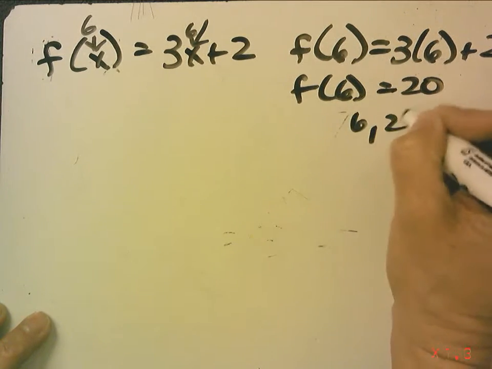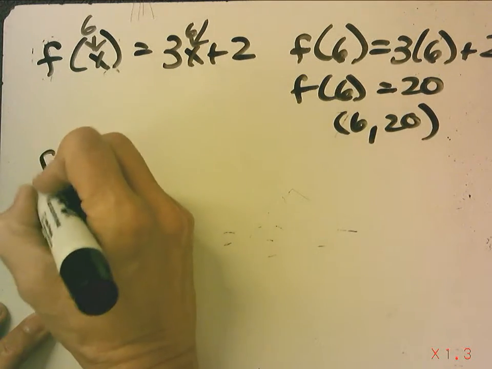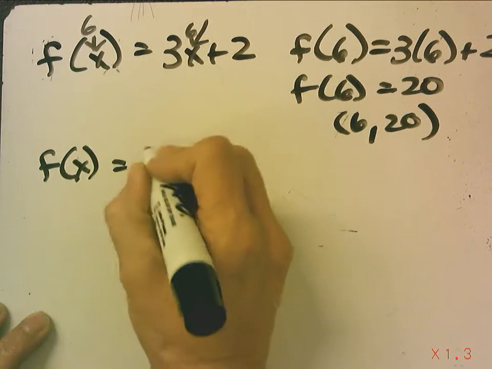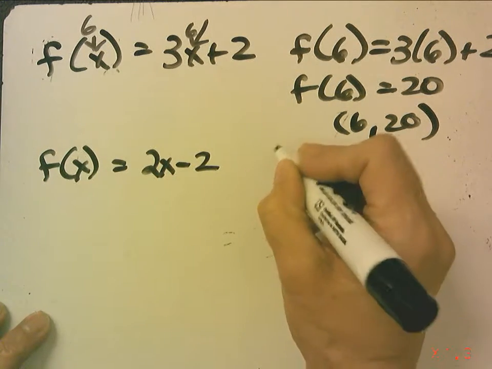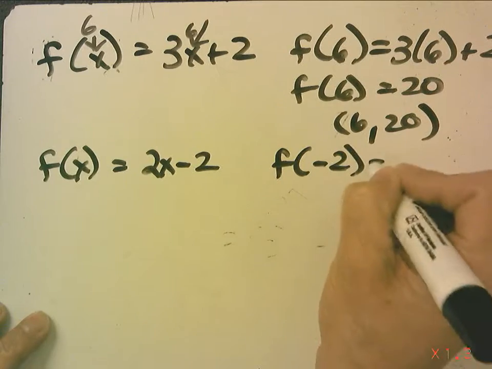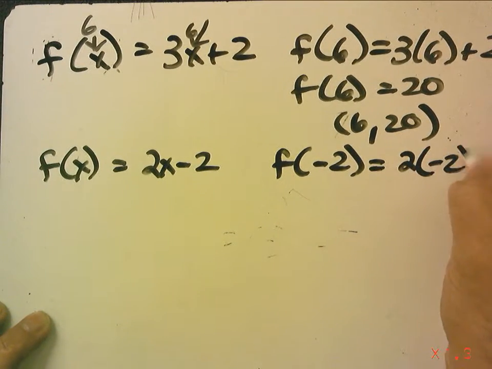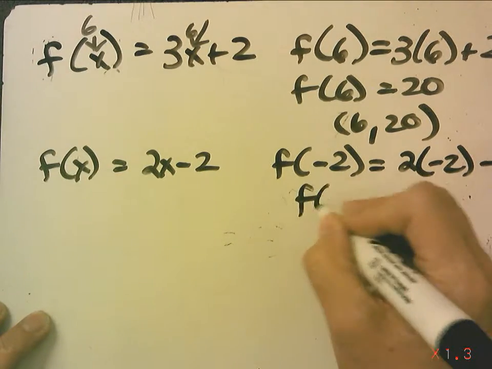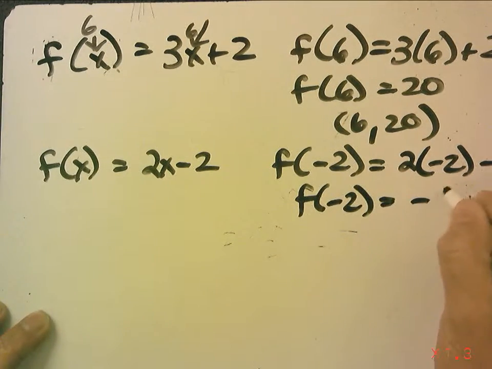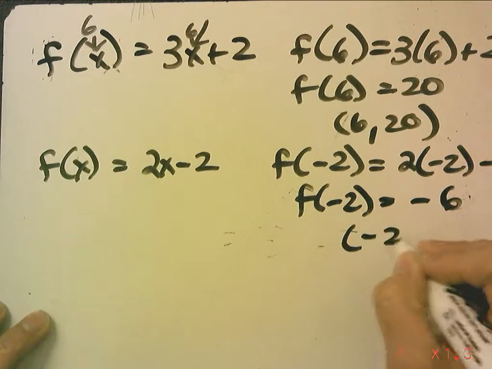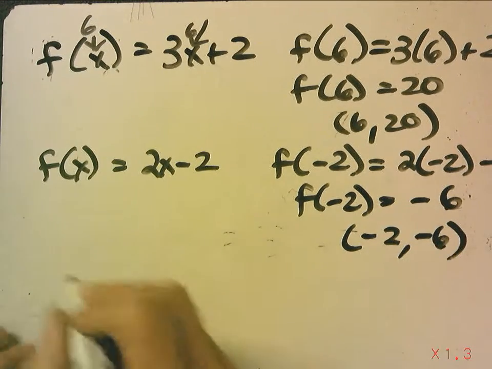So the ordered pair is 6, 20. Now if f of x equals 2x minus 2, this says find the value of the function when x is negative 2. I plug in negative 2 for x, and f of negative 2 equals negative 6. So the ordered pair is negative 2, negative 6.